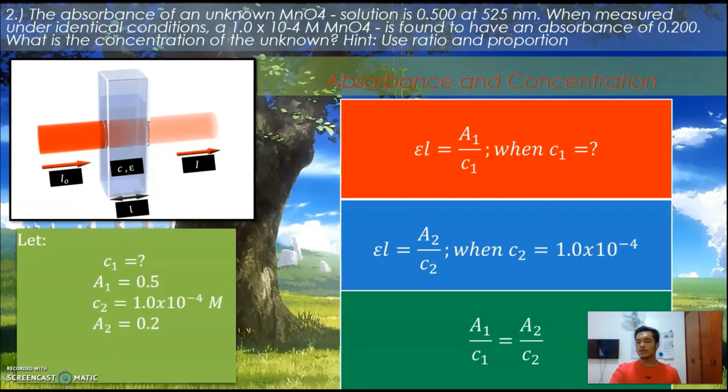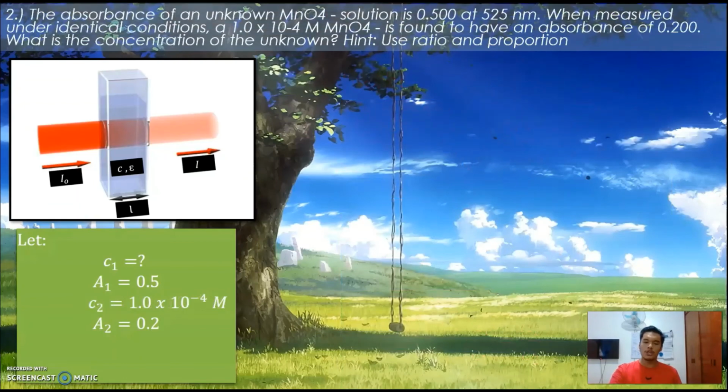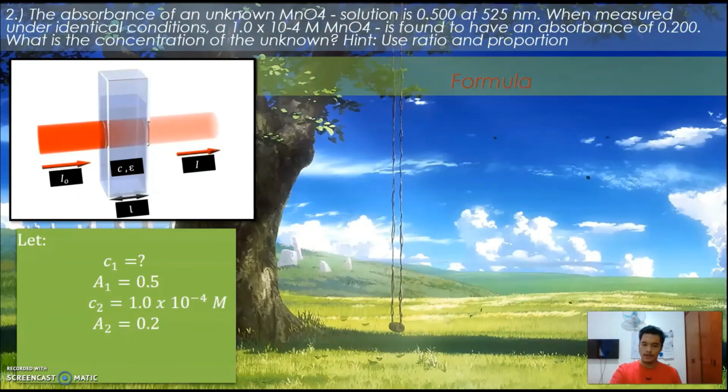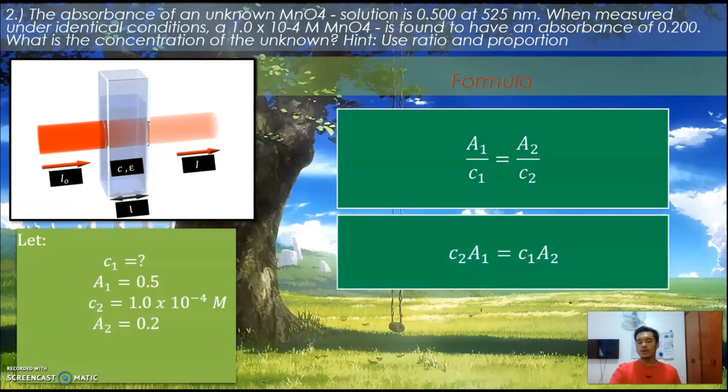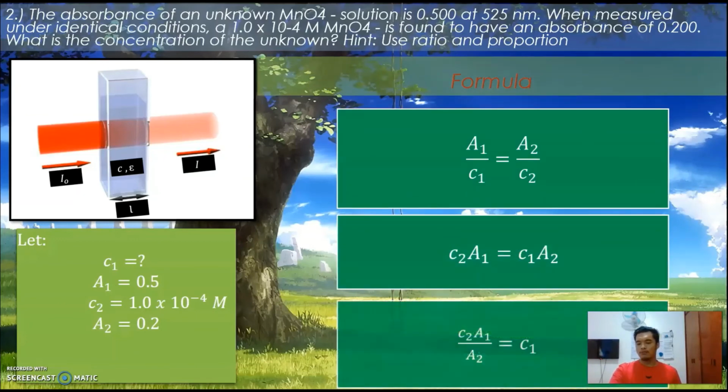So we just combine the two case expressions, thereby creating a ratio and proportion expression. Since we want to find the first concentration that gave an absorbance of 0.5, it's simply algebraic manipulation, where we cross-multiply both of them, and we divide by A2 so that C1 will be isolated, giving us the formula C2 A1 over A2 equals the first concentration.